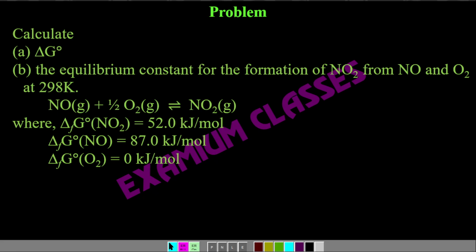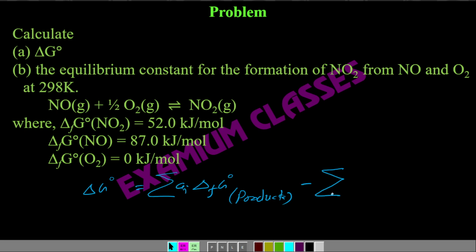When you calculate delta G naught, the formula we have already talked about in thermodynamics is that delta G naught is given by the sum of all delta G naught of formation of products multiplied by their stoichiometric coefficients minus the sum of all delta G naught of formation of reactants multiplied by their respective stoichiometric coefficients.